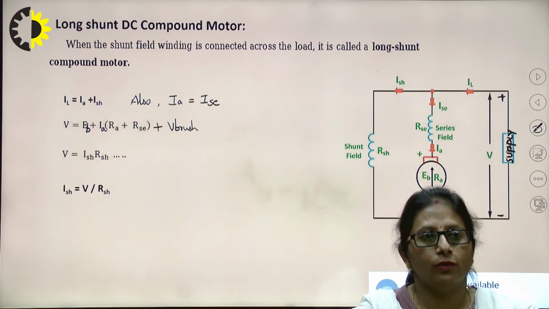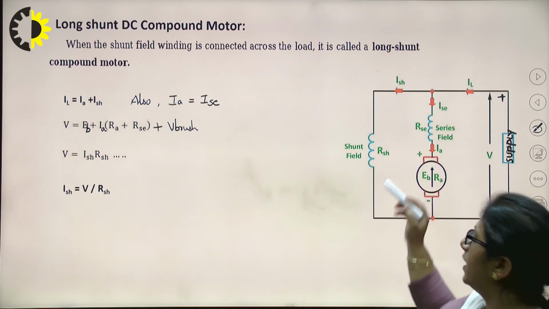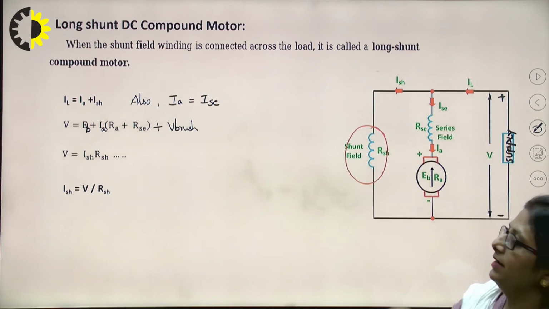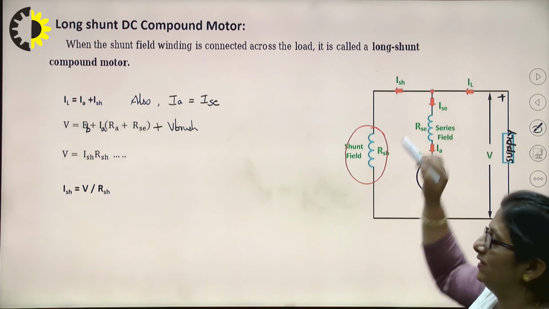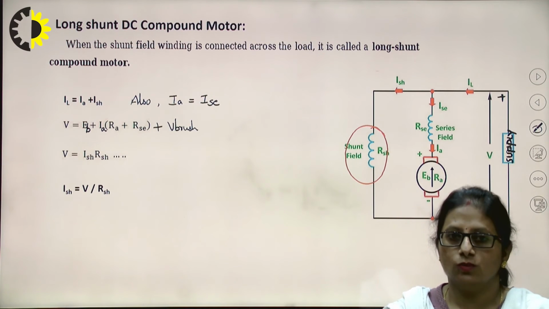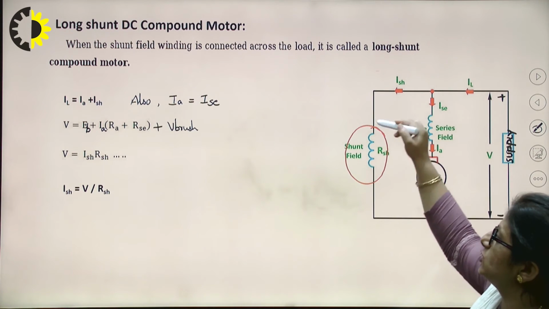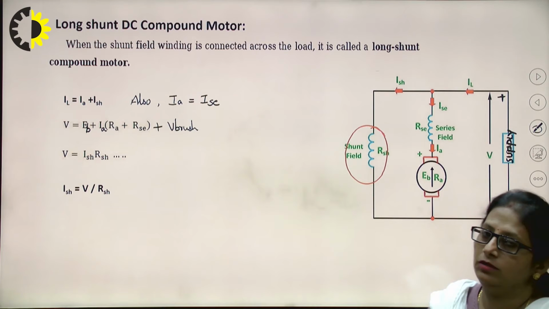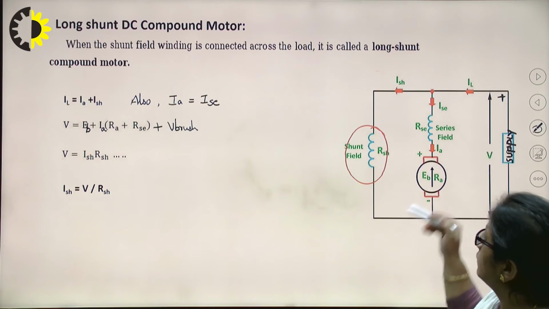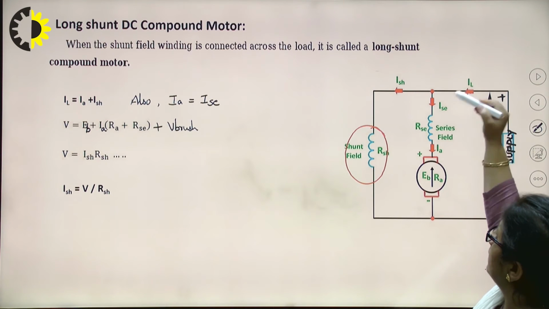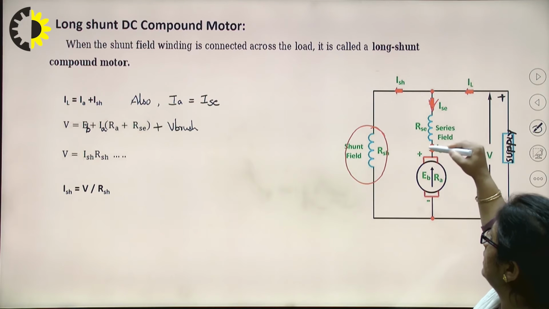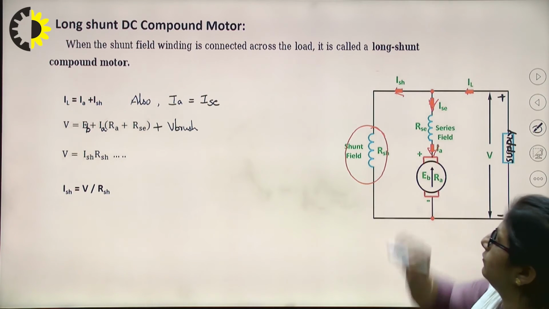What used to happen for a long shunt? Obviously, the shunt branch is connected in parallel with the armature as well as the series field winding, right? So both of these used to be in series and the shunt field winding used to be exactly in parallel with that, right? Because of this kind of construction, once again the current relations: this is the line current, then the series field current, then the armature current and the shunt field.